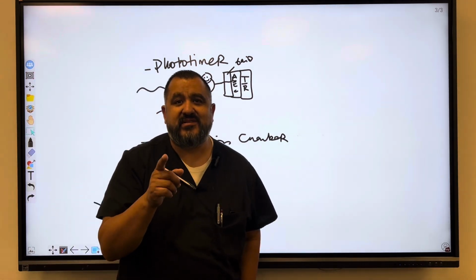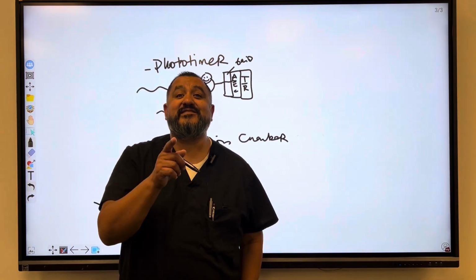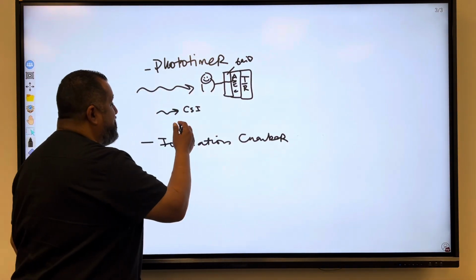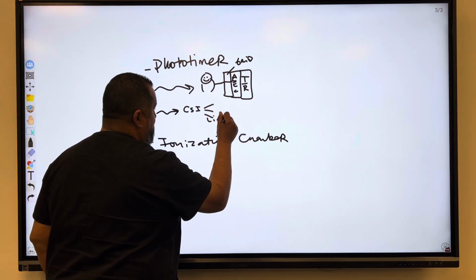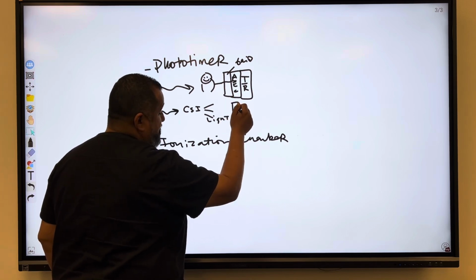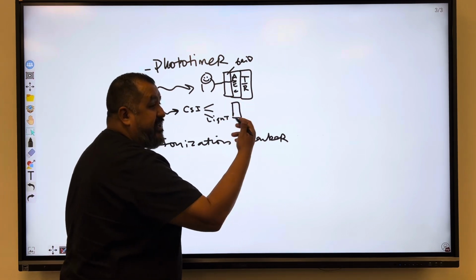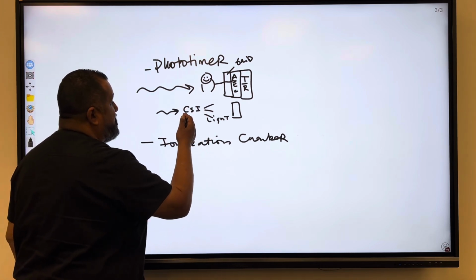Now, what do you know about cesium iodide? What type of material is that? It's a scintillator, right? So X-rays would hit the cesium iodide, and then it would produce light. Then the light would saturate that device, and then it would terminate the exposure. So photo timers used to use a scintillation system.